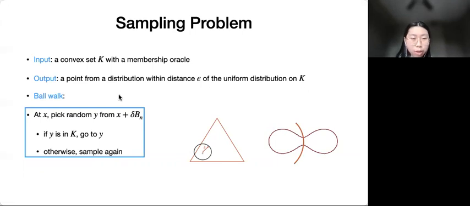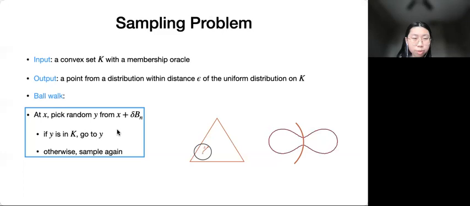For example, we can use the ball walk. Ball walk is a common algorithm for sampling, and it's very simple. We start from a point X in K, and then we pick a random Y from a small ball around X. This is a ball centered at X with radius delta, and delta is the step size.